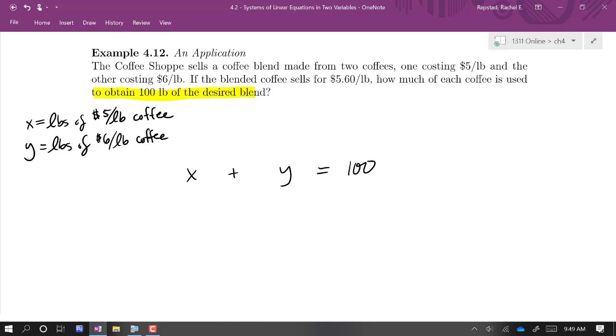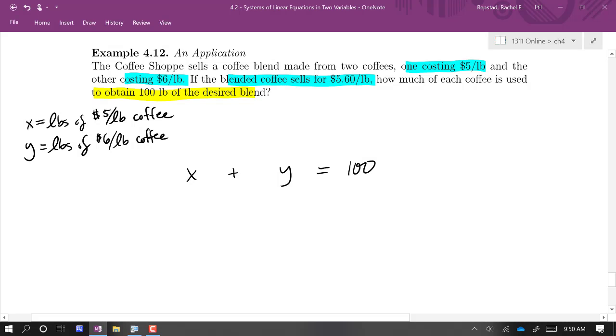The second equation is going to be about cost. The blended coffee sells for $5.60 per pound. We have one coffee at $5 per pound and the other is at $6 per pound. We're going to use that information to make our second equation, and this is just going to be about cost.